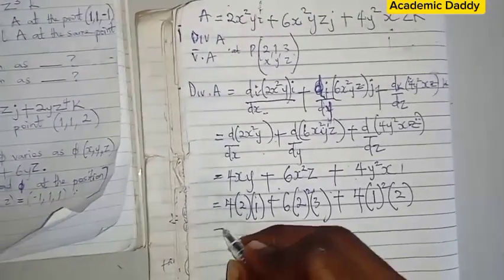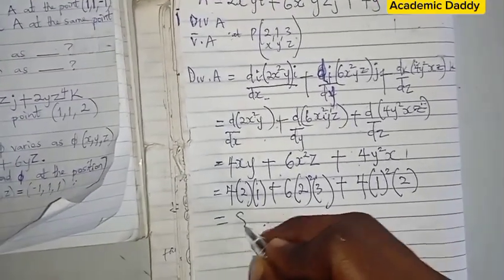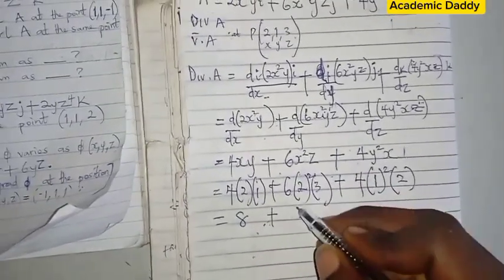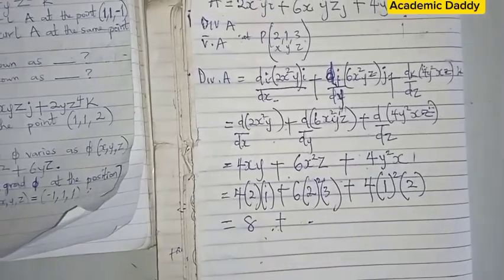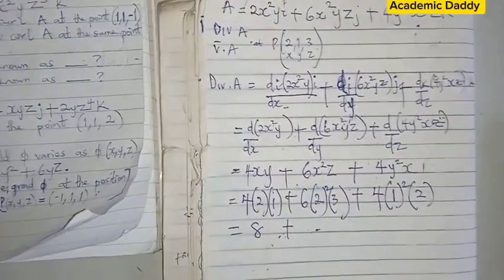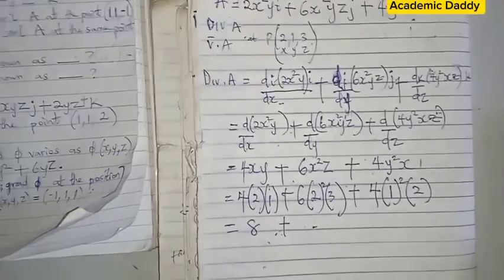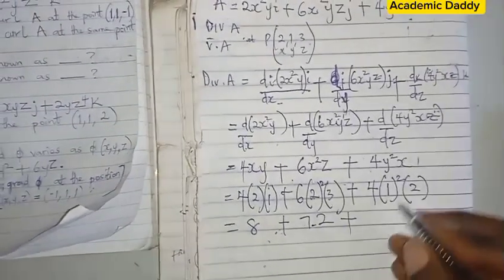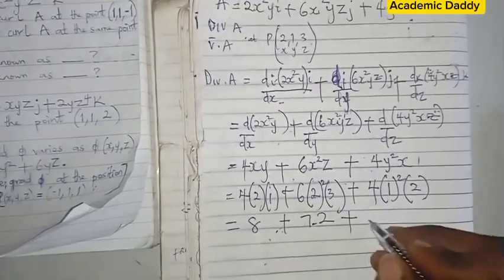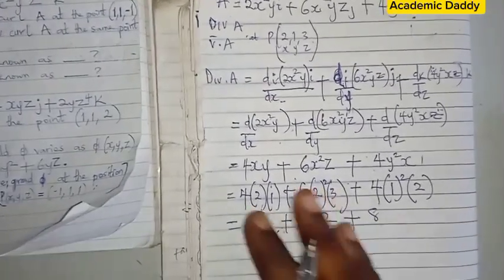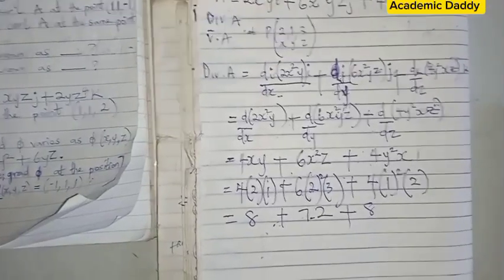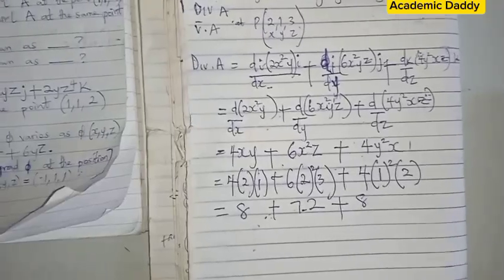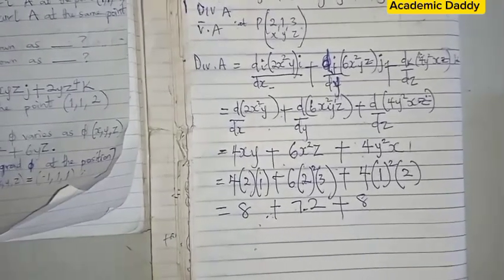Then when you finish, you see that this is going to be 4 times 2, 8, because 1 times anything is 1. Plus 2 raised to power 2 is 4, so 6 times 4 times 3 is 72, plus 1 squared is 1, times 4 times 2, 8. So you see that it has no direction. It's the dot product of the derivative of vectors in a vector field.